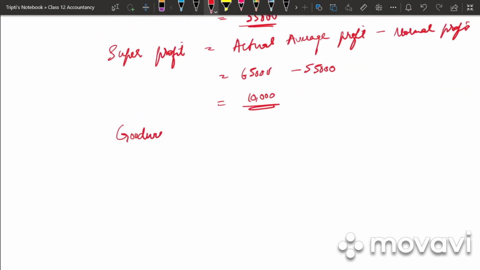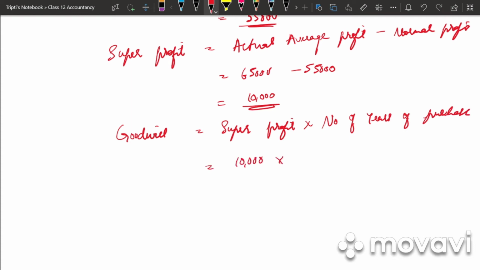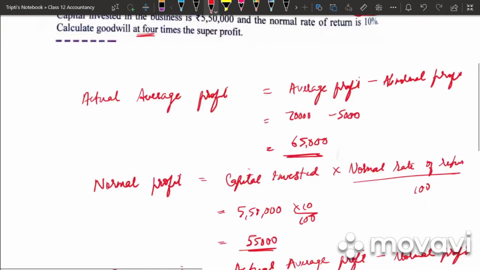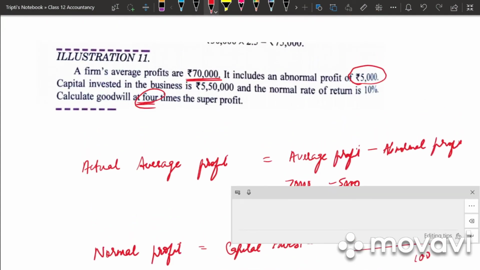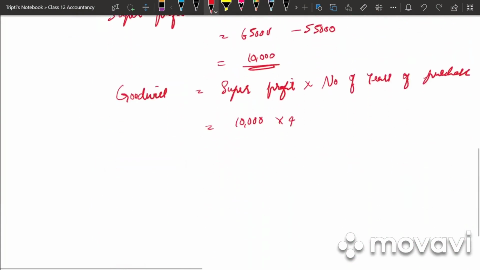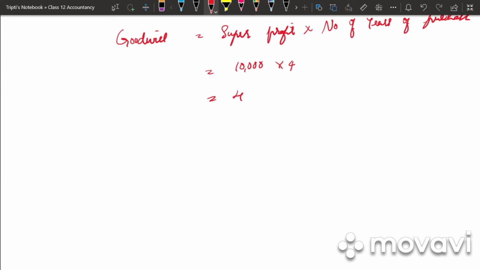And last we need to find out the goodwill. Goodwill is nothing but super profit into number of years of purchase. So our super profit is 10,000 and number of years of purchase they have given us 4 times of super profit. So into 4 we get 40,000.